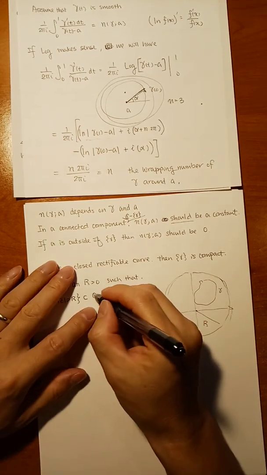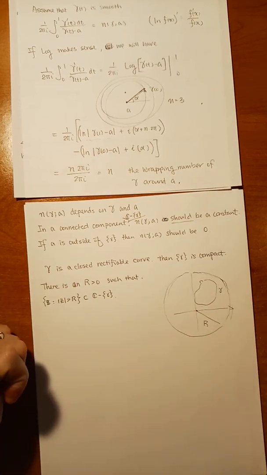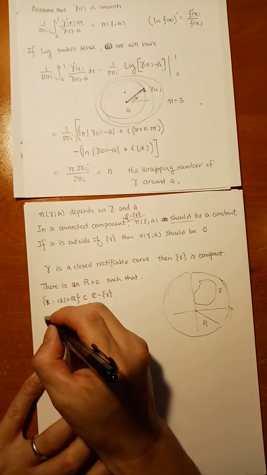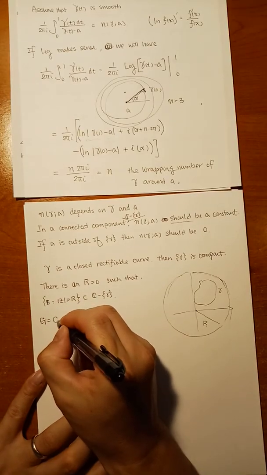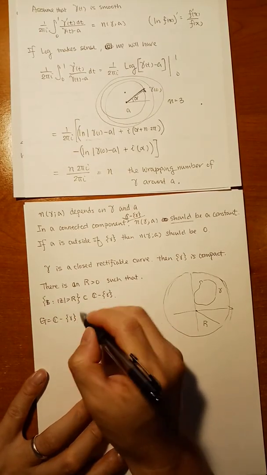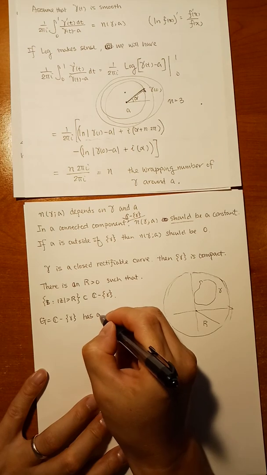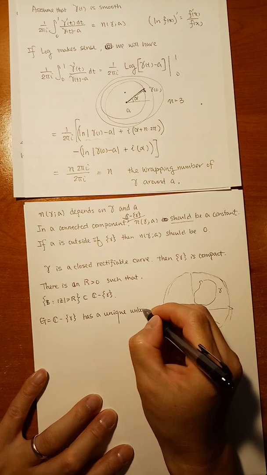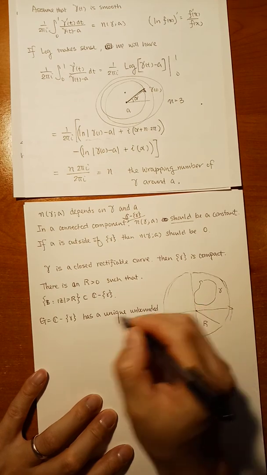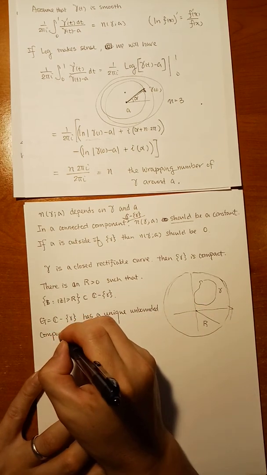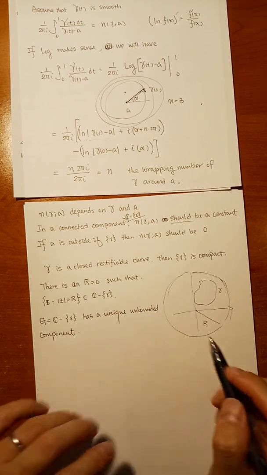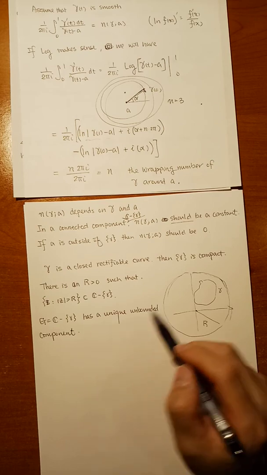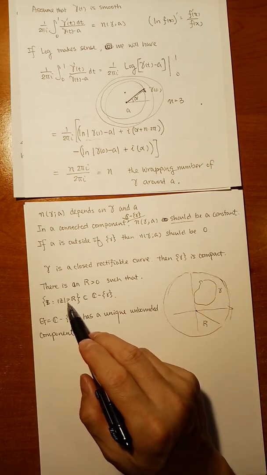The complex plane without gamma, in the textbook they call it G. So this G, it's just a name, has a unique unbounded component. Because if it has an unbounded component, it must contain this one.